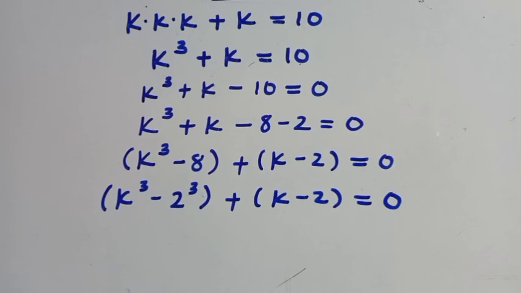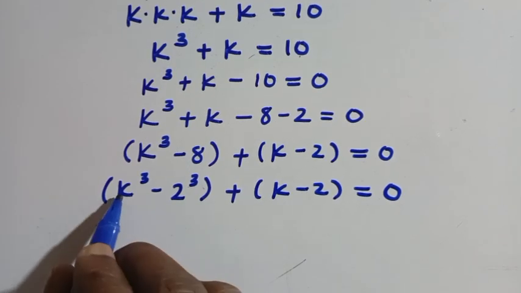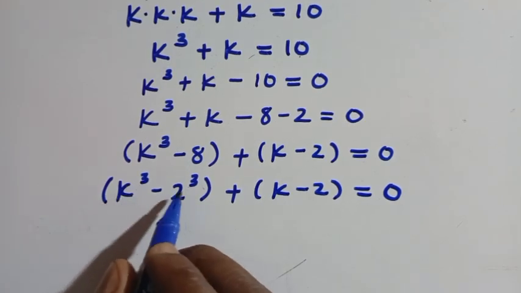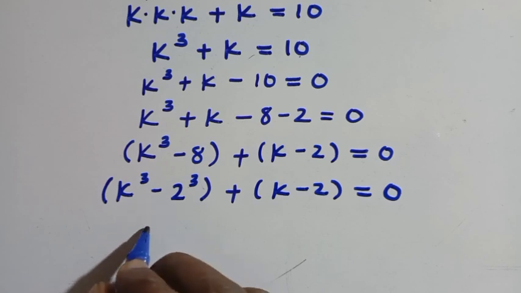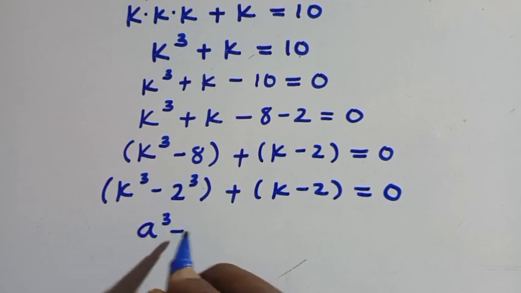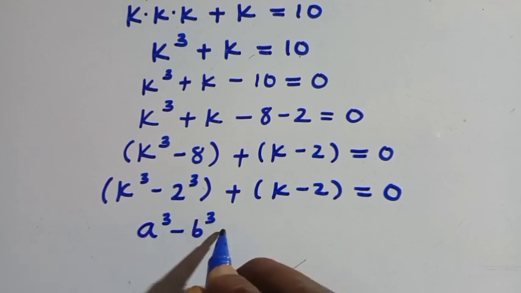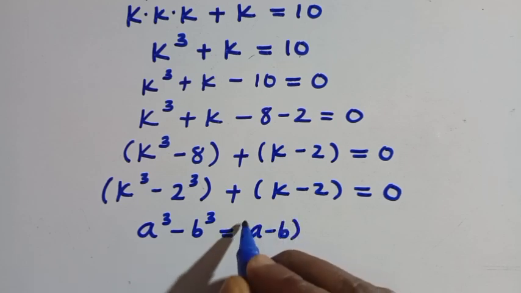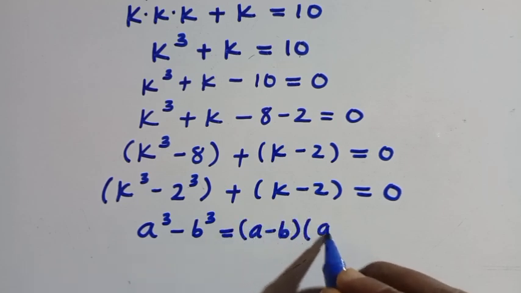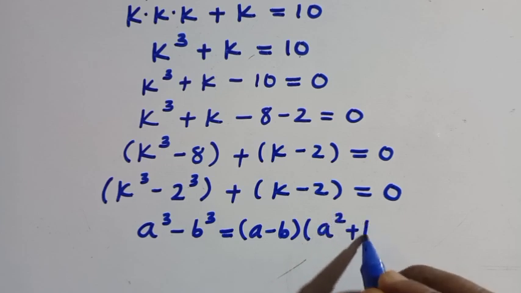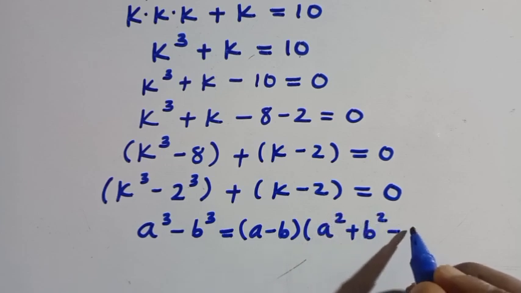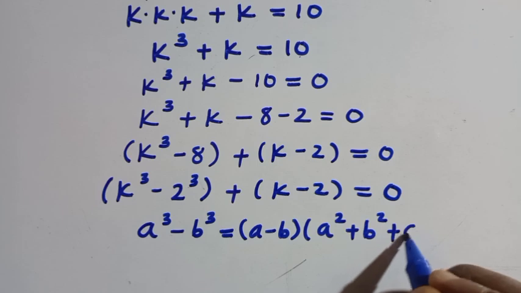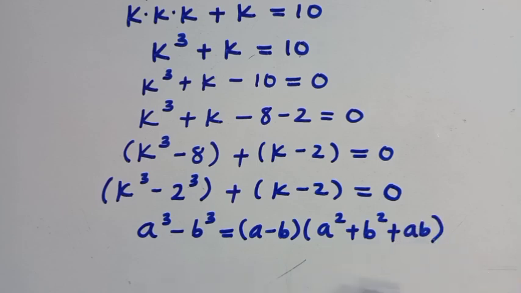And in the next step, we have to consider this identity. Suppose we have k raised to power 3 minus 2 raised to power 3. This is just like when we have a raised to power 3 minus b raised to power 3, which equals a minus b multiplied by a squared plus b squared plus ab. So this is the identity we are going to consider here.